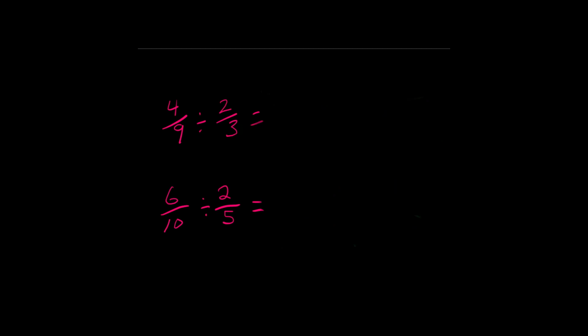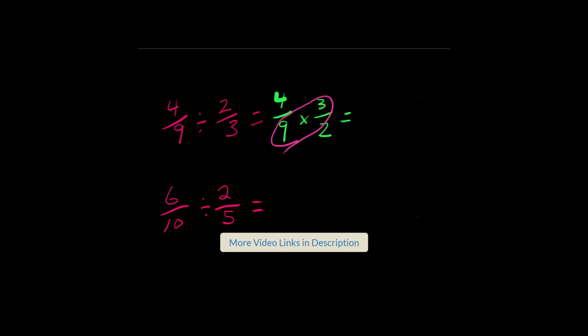All right, so now we have our last two coming up, so let's practice these together. So we have 4/9 times 3 halves. Okay, and this one I'm pretty sure I'm going to find two ways to simplify. I'm going to be able to do the 9 and the 3, and then I think I will also be able to do the 2 and the 4.